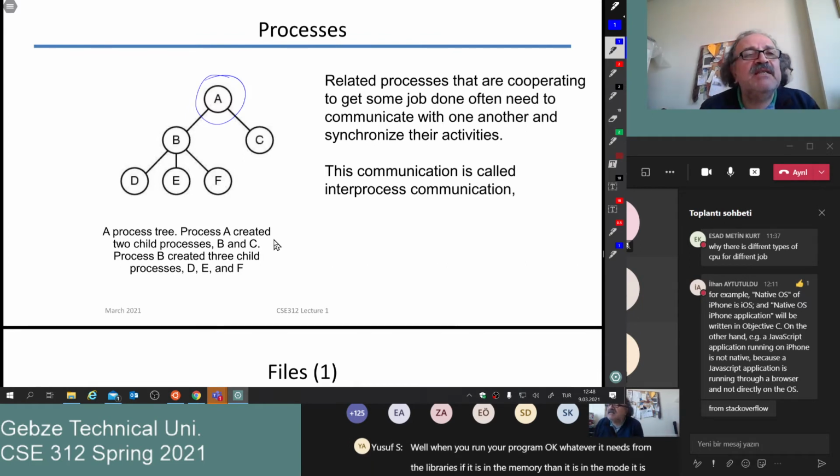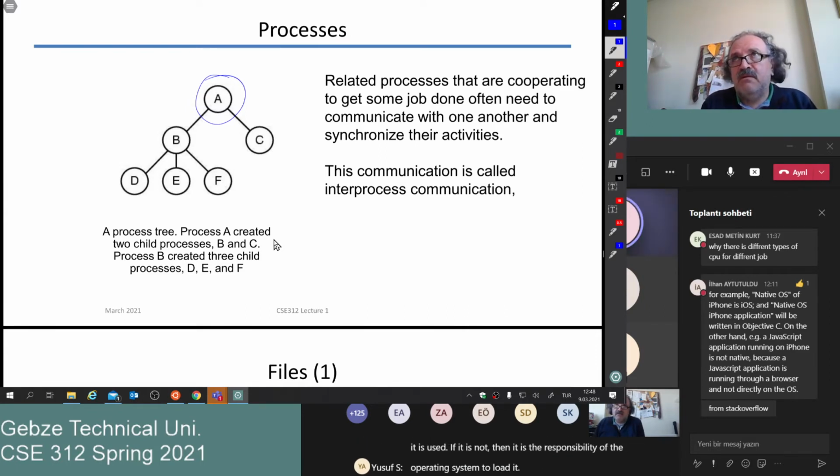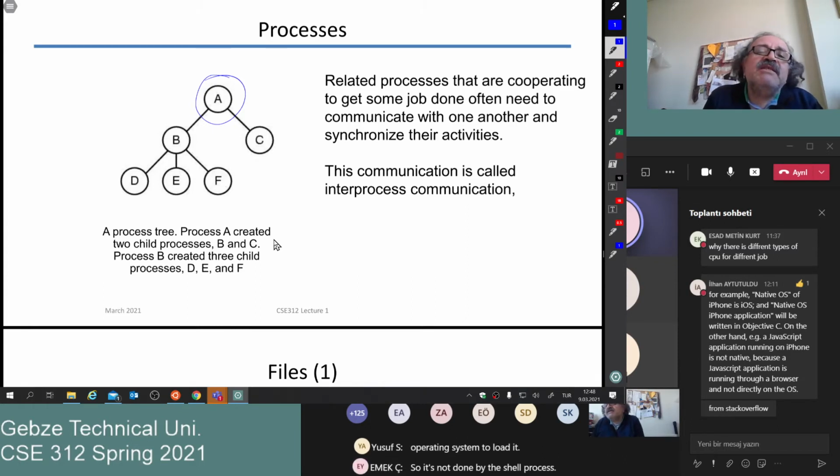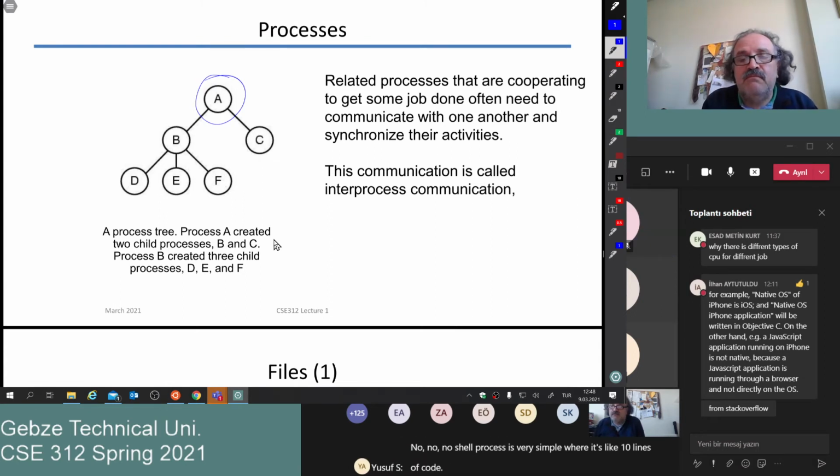If it is not, then it is the responsibility of the operating system to load it. So it's not done by the shell process? No. The shell process is very simple. It's like 10 lines of code, and I'm going to show you.